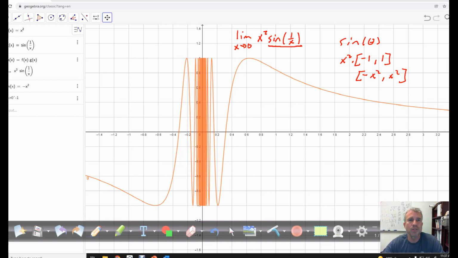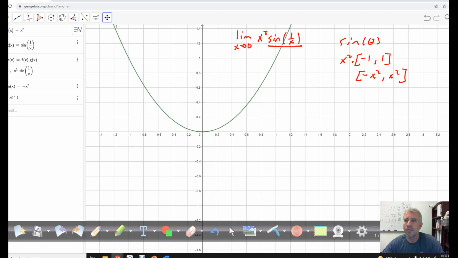If we turn this graph off and I graph x squared and the opposite of x squared, and then I turn on the function x squared times the sine of 1 over x, you can see that indeed it is constrained between plus or minus the parabola x squared. So we're going to be able to use the squeeze theorem to find the limit as x goes to 0.